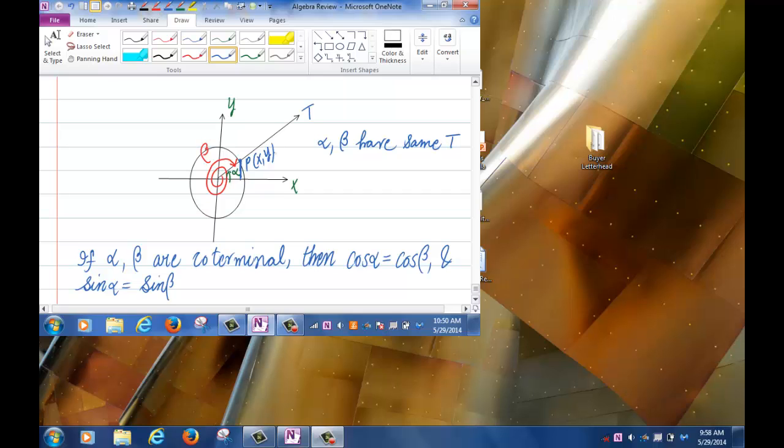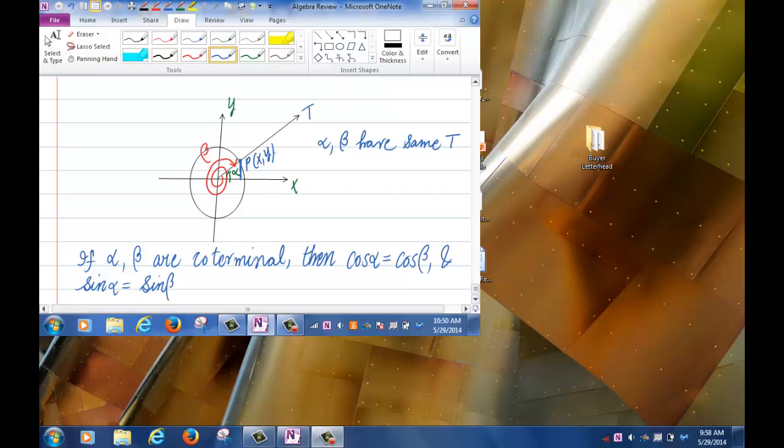Okay, this is what you want to remember. Unit circle. Whatever the angle is, the terminal side intersects the circle at a point P. That point P has two coordinates, x and y. X is the cosine theta, y is the sine theta. So what I'm saying, the cosine and sine values depend on the location of the terminal side.